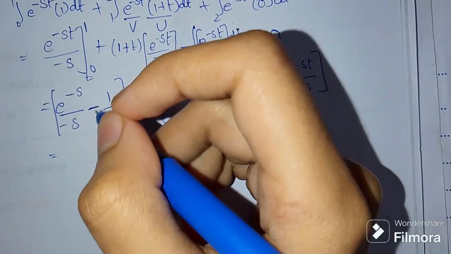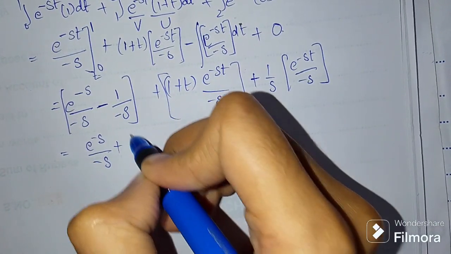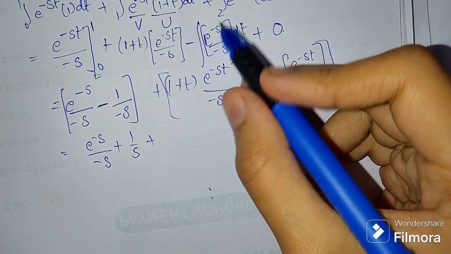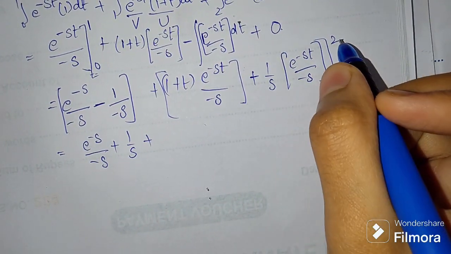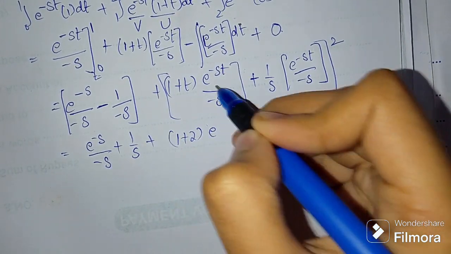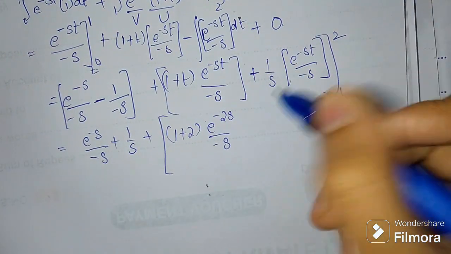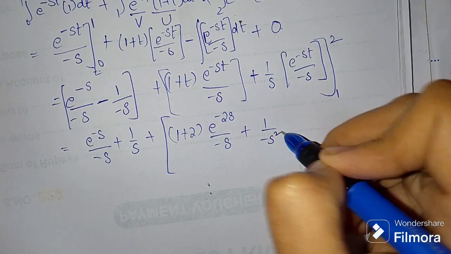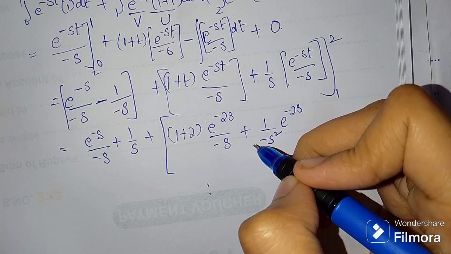So this will be e power minus s by minus s plus 1 by s, and this whole thing we should apply limits from 1 to 2. First we'll apply 2, so it will become 1 plus 2 into e power minus 2s, plus this will be 1 by minus s square into e power minus 2s.